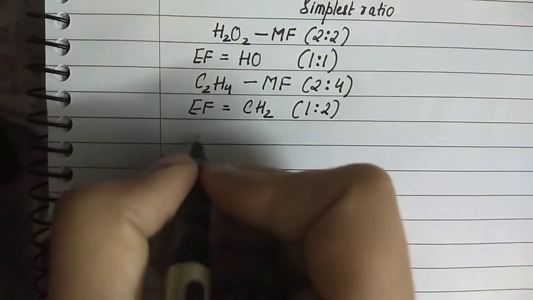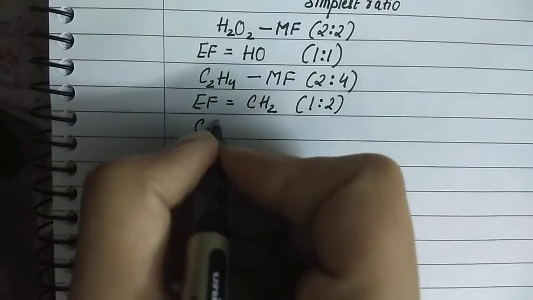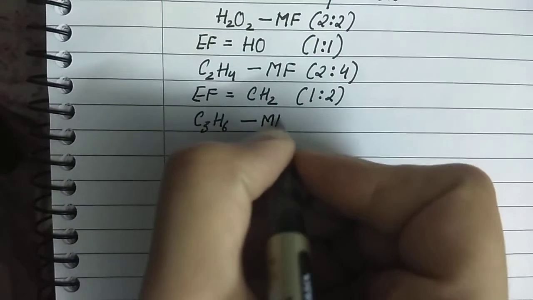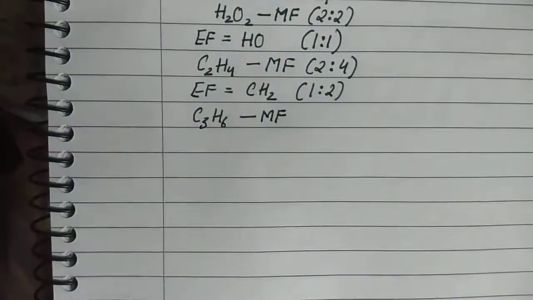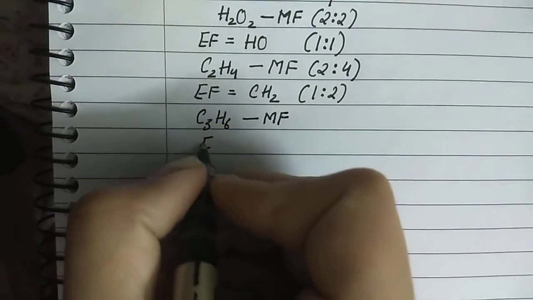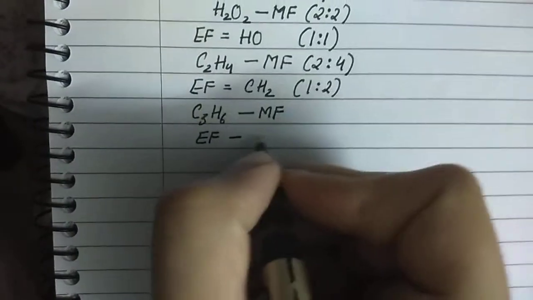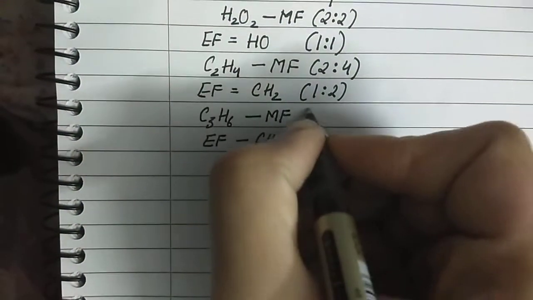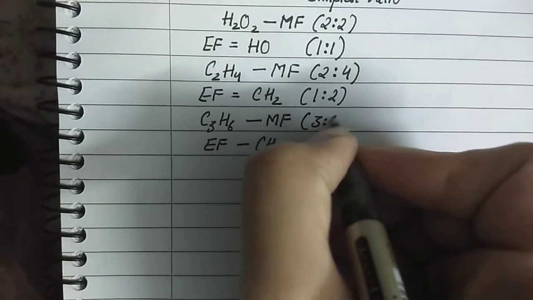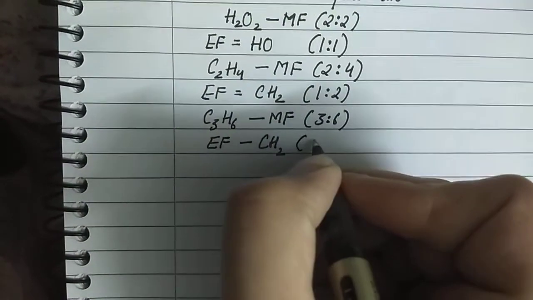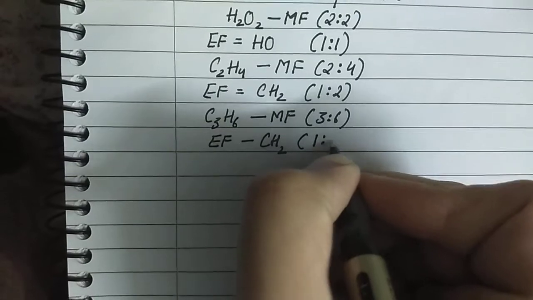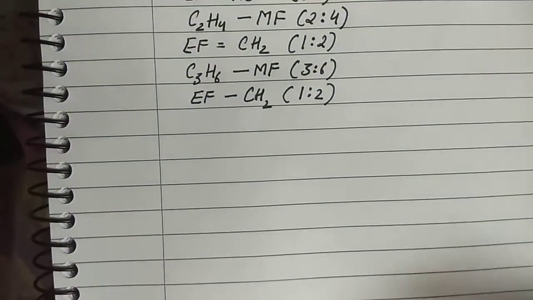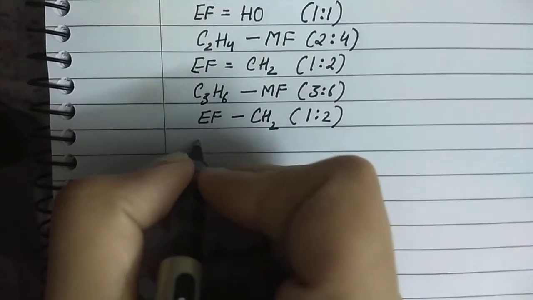Let us take another example of propene, C3H6, which is the molecular formula. So empirical formula would be CH2 again. Here I have the ratio as 3:6. Here I have the ratio as 1:2.